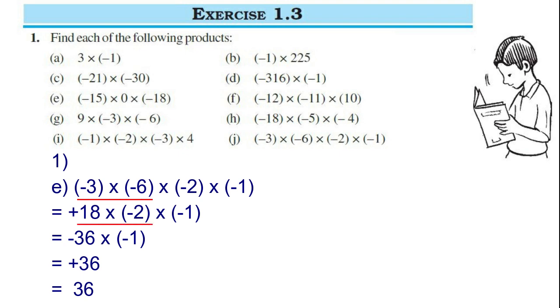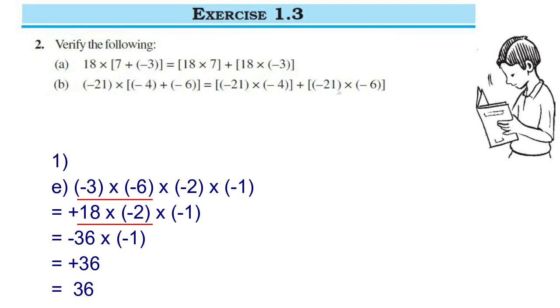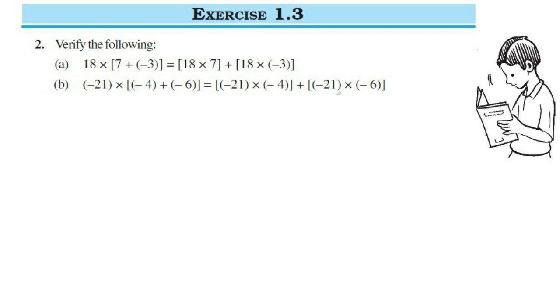Plus into minus equal to minus and 18 into 2 equal to 36. Minus 36. And again minus 36 into minus 1. Minus into minus equal to plus, and 36 into 1 equal to 36. So the final answer equal to plus 36.